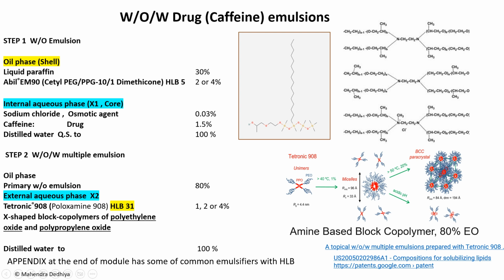It is emulsified in an external aqueous phase containing water and poloxamine 908 as a two-step process. The appendix at the end of the module has some of the common emulsifiers with different HLBs used in double emulsions.